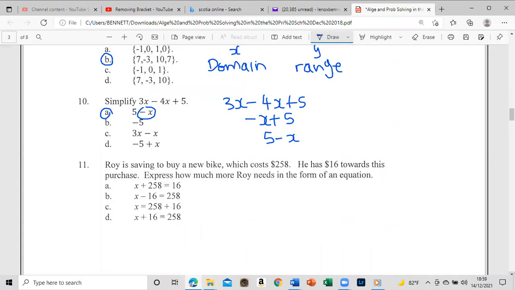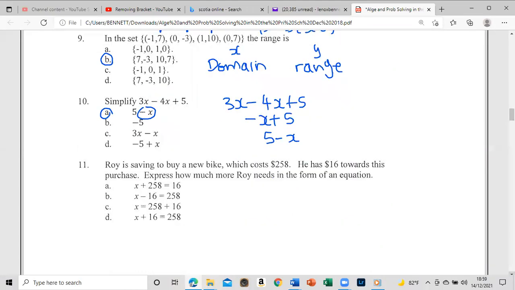All right. Roy is saving to buy a new bike. A new bike costs $258. He has $16 towards his purchase. Express how much more Roy needs in the form of an equation. So let's write down the information. Roy is saving for a bike which costs $258. That's what it equals to.